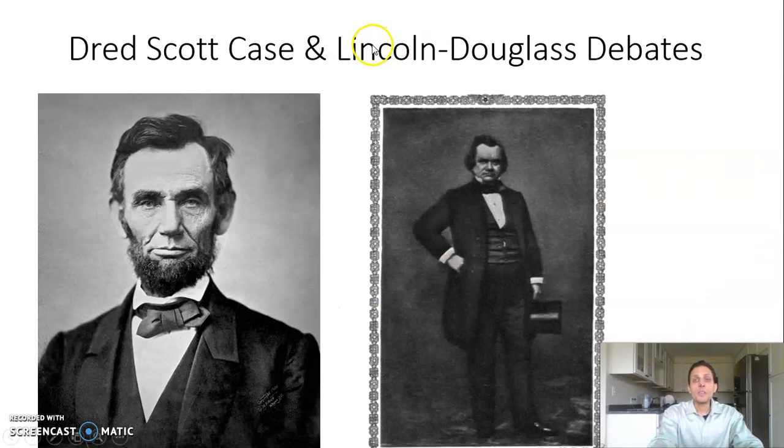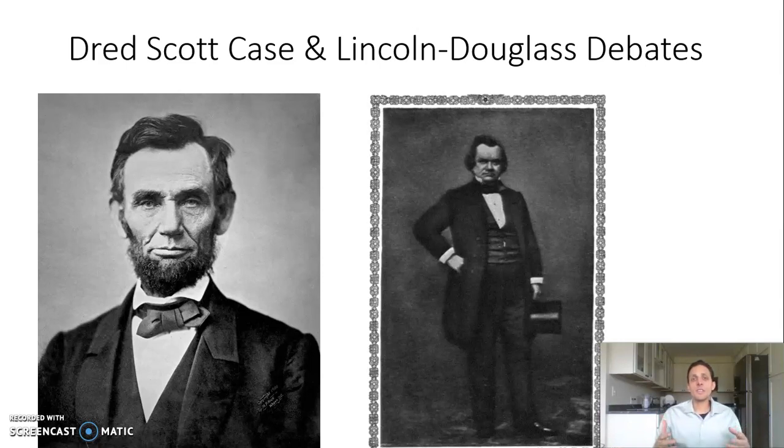Now, both on the Supreme Court side and the intellectual debate side about this idea of popular sovereignty, you're going to see huge events that again are going to further divide Northerners and Southerners. So a famous case in the time period is called the Dred Scott case. And in this Supreme Court case, the full name is Dred Scott v. Sanford.